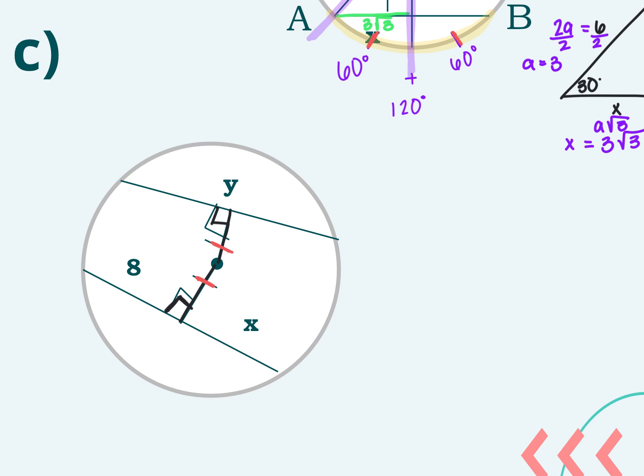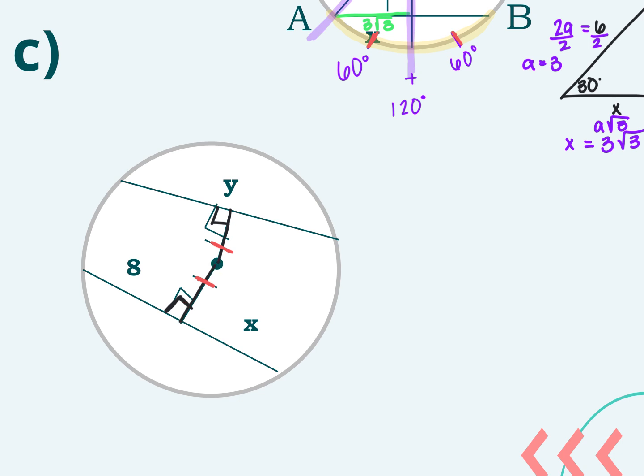How do I know that they're congruent? Good, because they're equidistant chords. This goes back to the equidistant chords theorem. The segments are equal distance from the center of my circle.